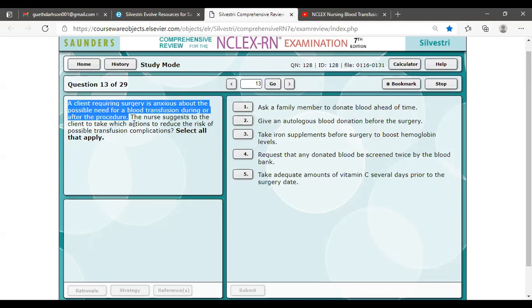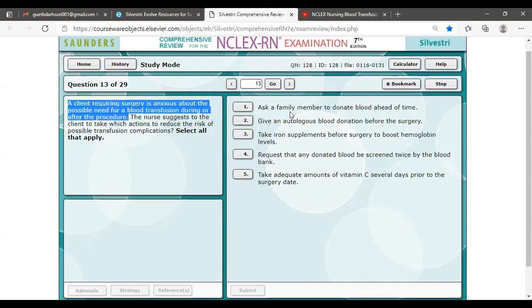Let me recap the last part of this question. The nurse suggests to the client to take which action to reduce the risks of possible transfusion complication. Out of 5, which helps your patient to reduce the complication, even the anxiety?